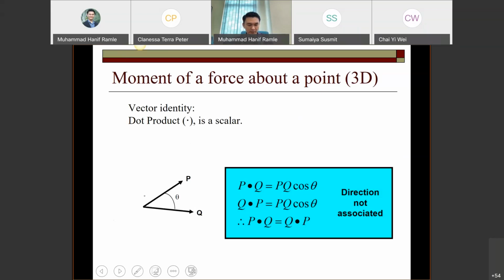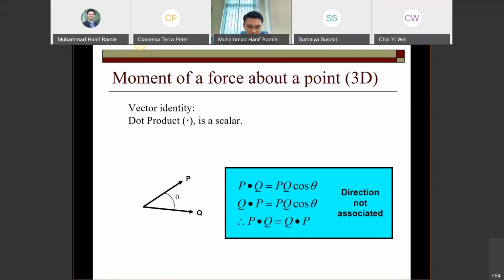Of course you already know the dot product is a scalar. The answer should be, not in all cases but for some, scalar only. I believe you learned this during secondary or high school: if we have two vectors, we can make a dot product of both vectors, as shown in the slide.